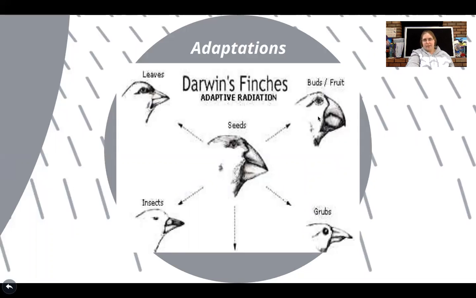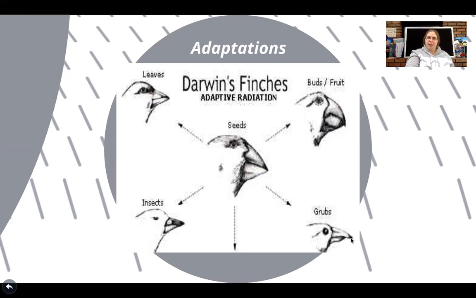And you can make the same claim for any one of these. If you look at the one that eats grubs, it's smaller, but it's not like super thin. It's got that little overhang, so it allows it to kind of dig into the ground a bit, find the grubs and pull them out, or go a little bit into trees, into the bark, grab the grub and pull it out.